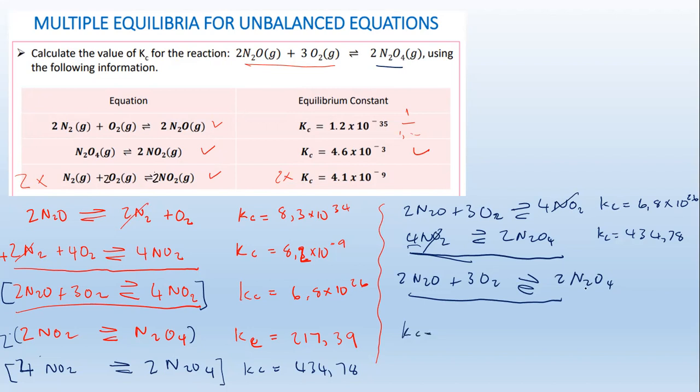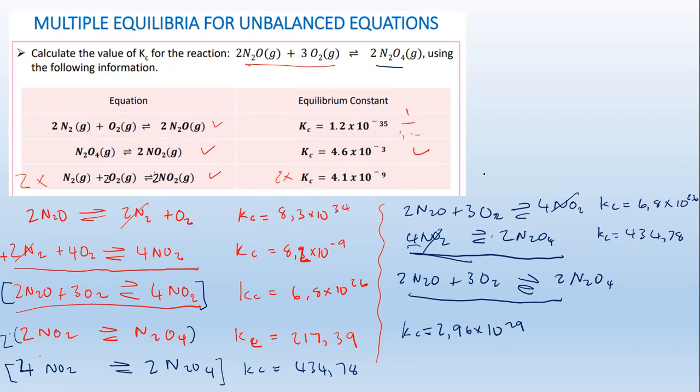So the Kc of the whole expression, remember, we multiply these two together, right? So the Kc is going to be 434.78 multiplied by 6.8 times 10 to the power 26. And then we get that our Kc value becomes 2.96 times 10 to the power of 29, rounded to 2 decimal places.